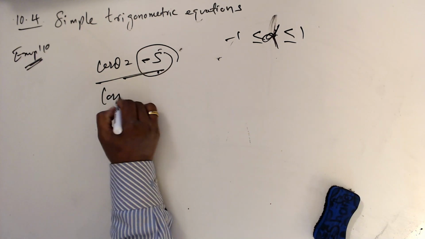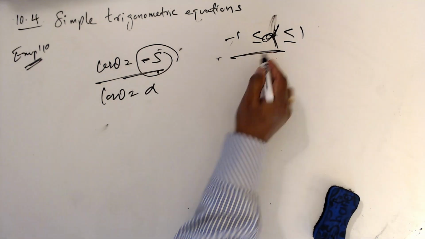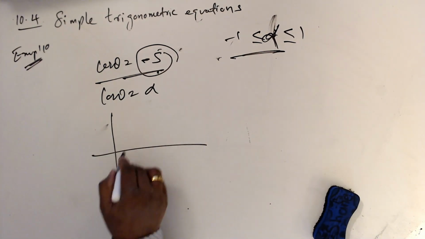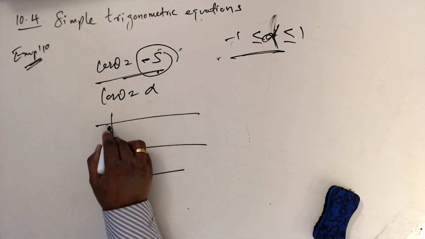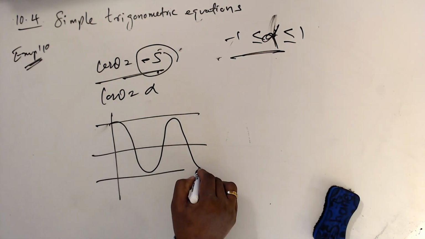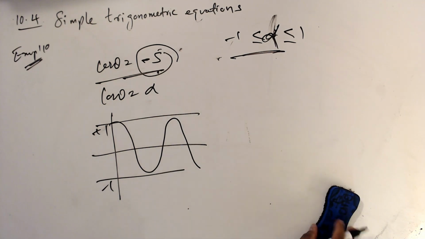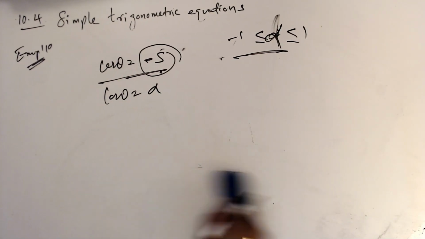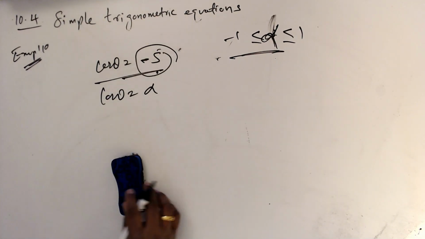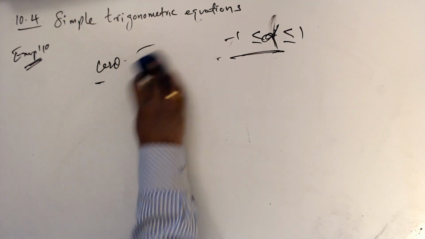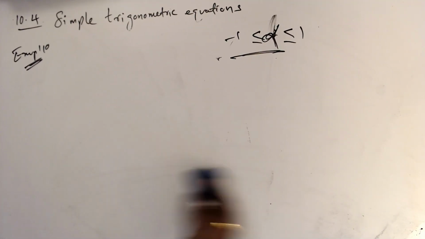If I take cos theta equals alpha, alpha is between minus 1 and plus 1. I'm telling you these things so that you have a sense of it.